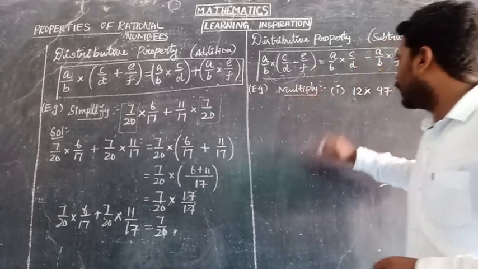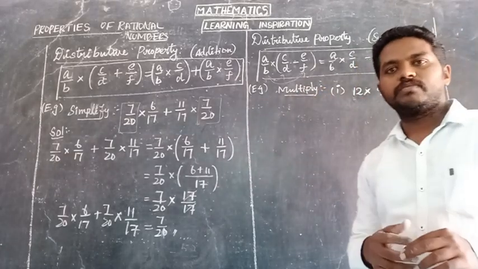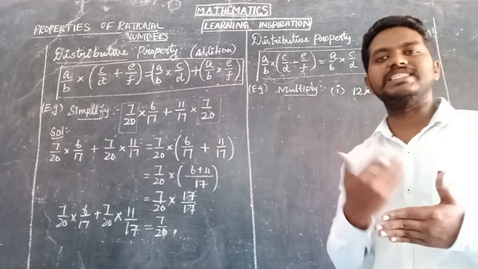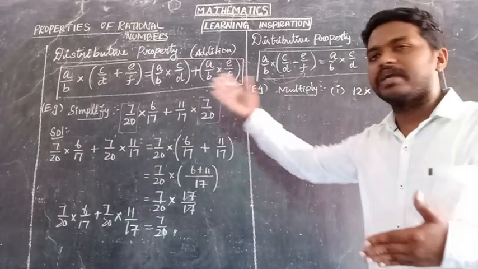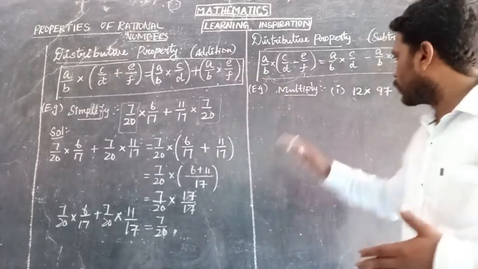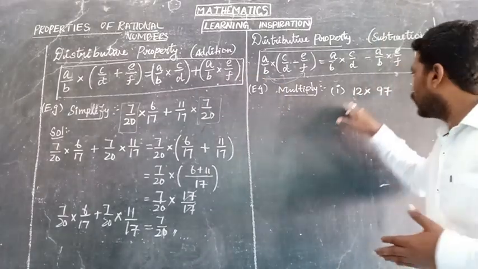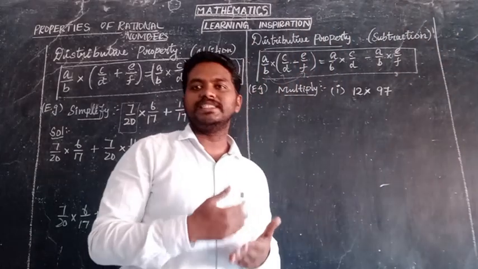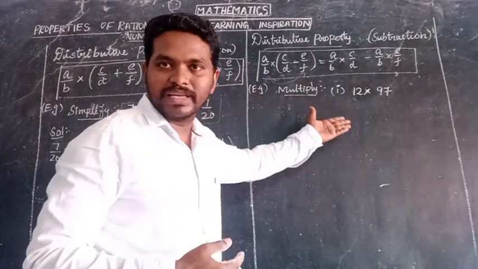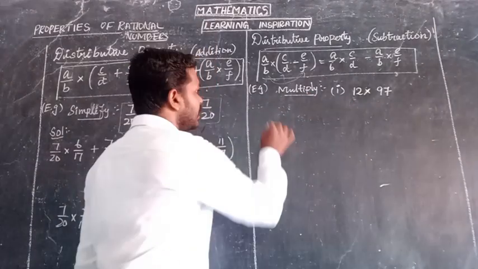Multiply 12 into 97. We can multiply some numbers easily using the distributive property of multiplication over subtraction. Here we take one example, 12 into 97. We don't know the table easily, so using this distributive property we can multiply these numbers.